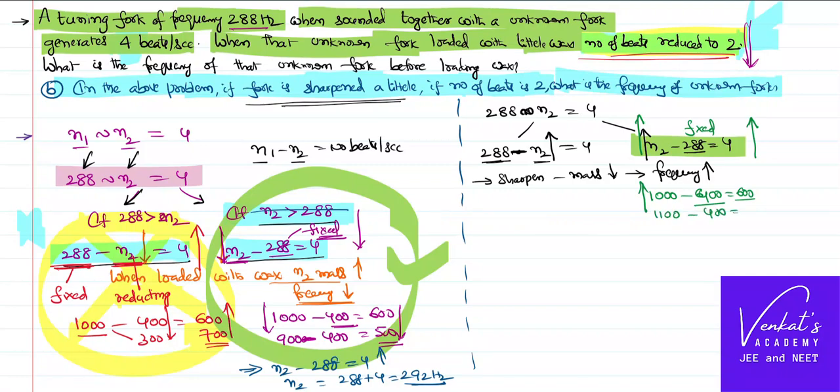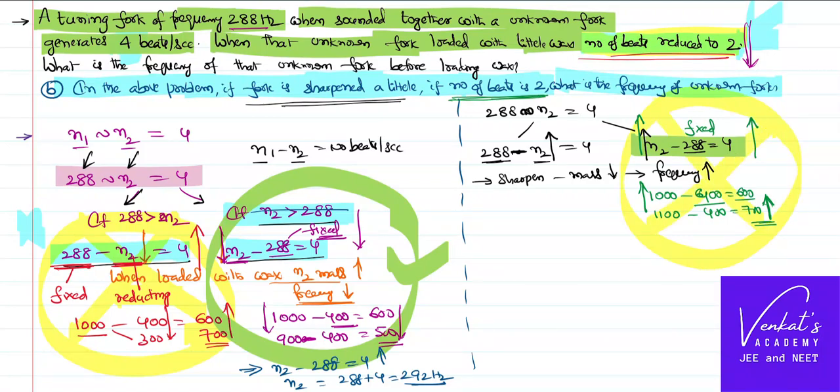So 1100 minus 400 becomes 700. The number of beats has to increase to a higher value, but in our problem it is said it is decreased. So this option is not a right option. This is the wrong option in our given data.